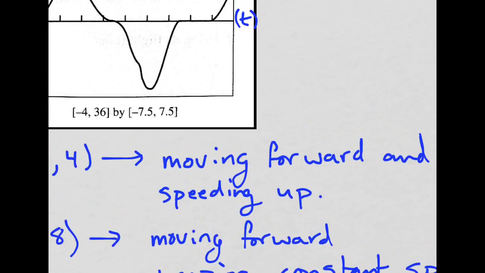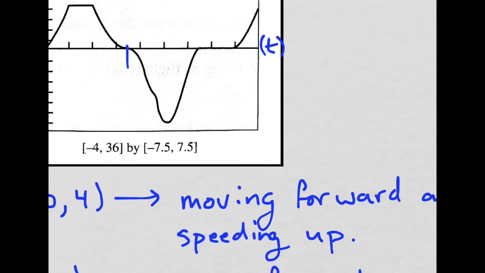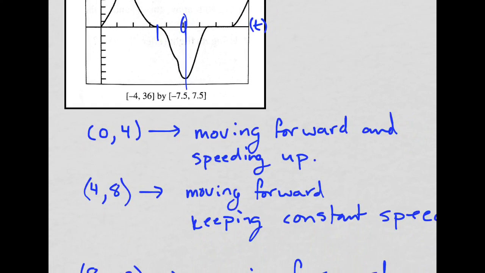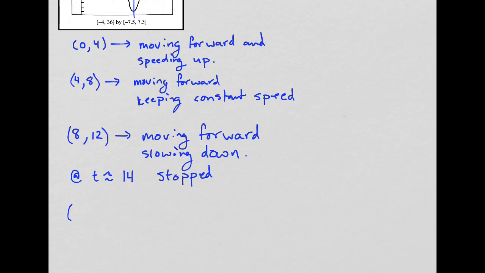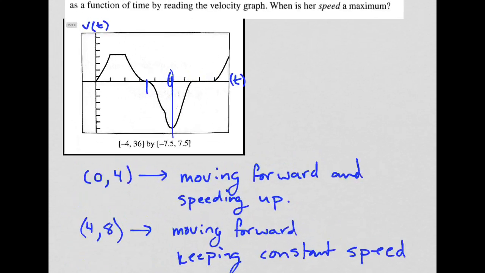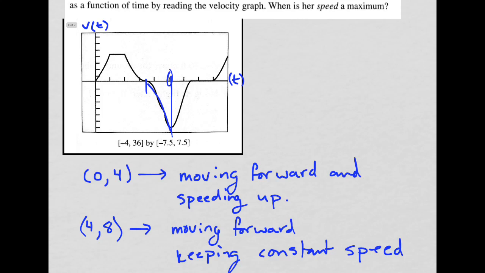And then from approximately 14 to, what is that, about 20. So I'm going to say approximately from 14 to 20, she is speeding up, right? Because her velocity is getting farther away from the x-axis.